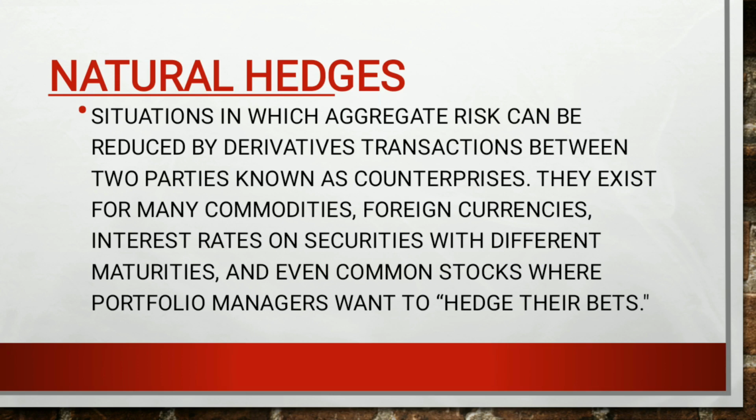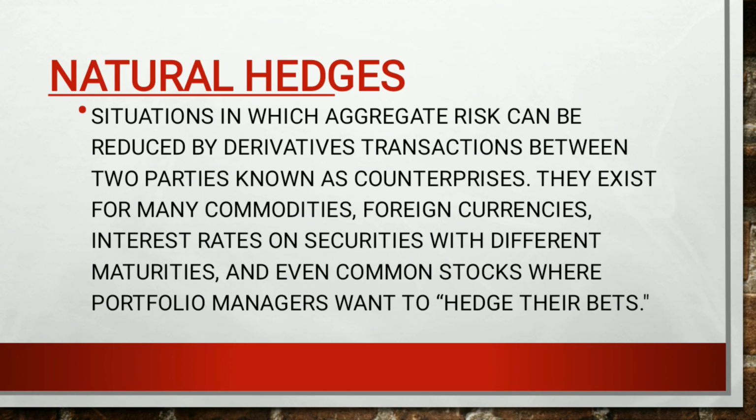Natural hedges occur when futures are traded between cotton farmers and cotton mills, copper mines and copper fabricators, importers and foreign manufacturers for currency exchange rates, electric utilities and coal miners, and oil producers and oil users. In all of these situations, hedging reduces aggregate risk and thus benefits the economy.